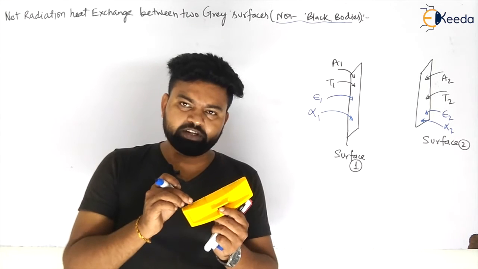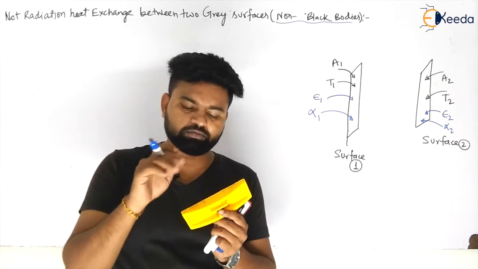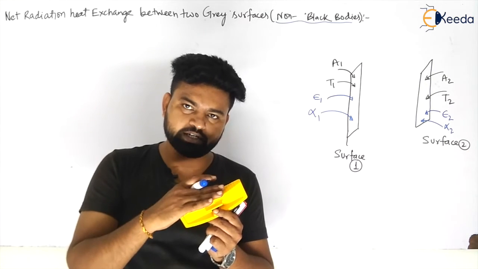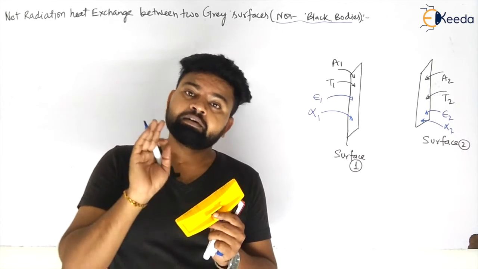Now, when this emits some radiation, what I will do first is imagine that the body is a black body.